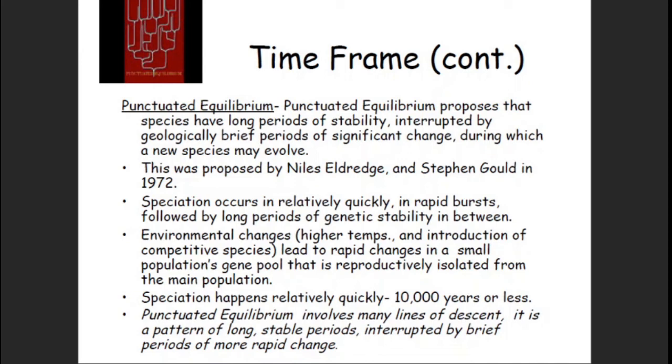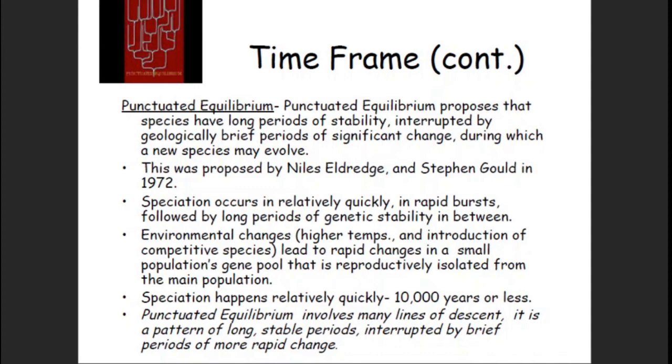This was proposed by Niles Eldredge and Stephen Jay Gould around 1972. Speciation occurs in relatively quick bursts, followed by a long period of genetic stability in between. This is what the punctuated theory suggests.